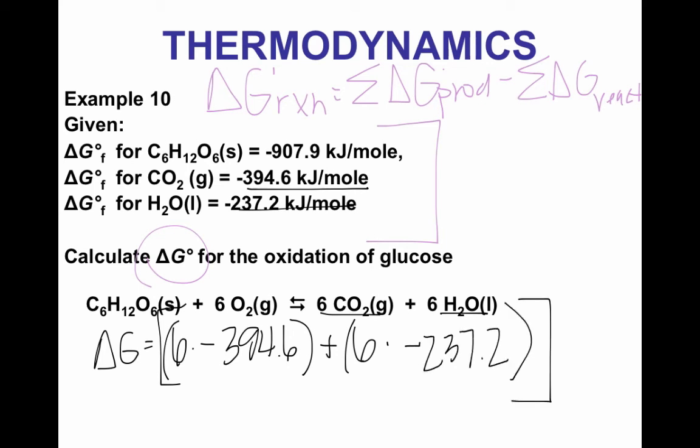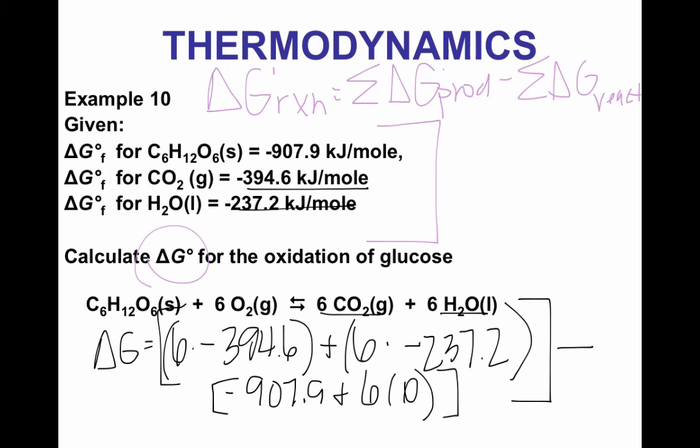Okay, so there's my sum of products minus the sum of your reactants. So the delta G of glucose is negative 907.9 kilojoules per mole plus 6 times delta G of oxygen. But there's no oxygen up here. Why isn't there an oxygen here? Well, it's because it's in its most stable state, so it's 0.